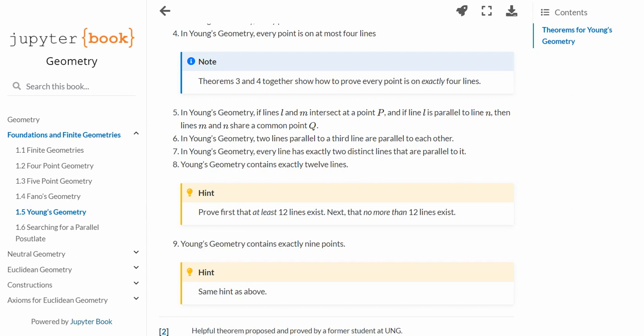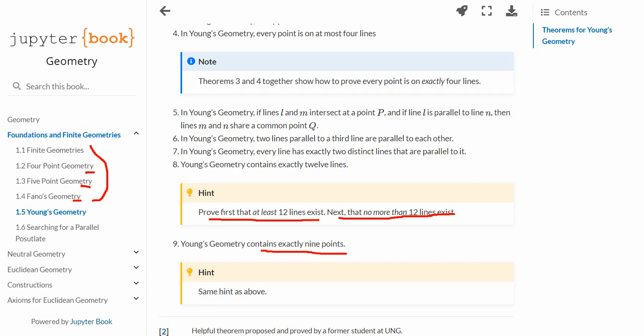Well, the hint is to do exactly what we did: prove a single theorem first, which is that there are at least 12 lines, and then prove that no more than 12 lines exist. And the same thing with the total number of points. So to recap, I'll be proving the theorems in Young geometry and posting them, and you in your groups and teams will be proving the theorems in the 4-point geometry, 5-point geometry, and Fano's geometry.